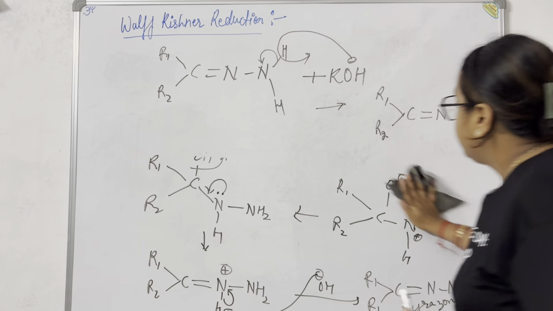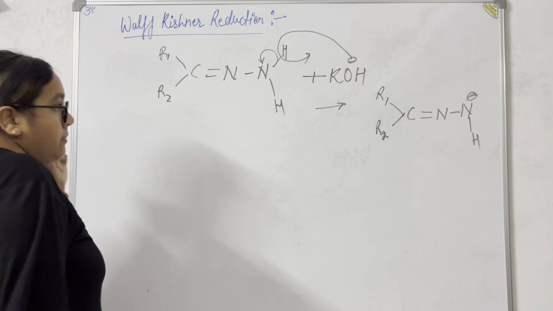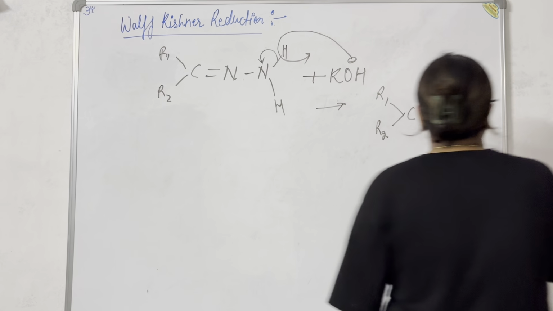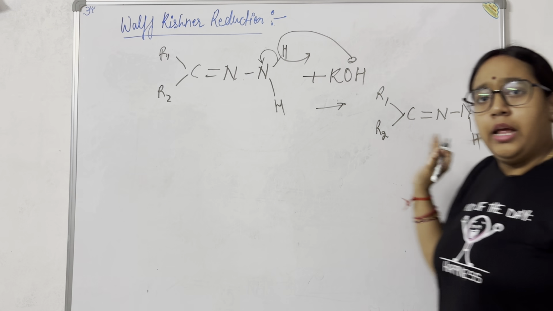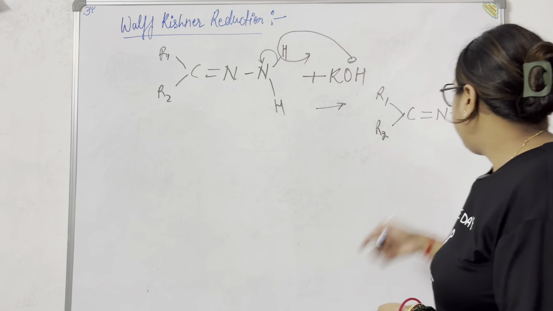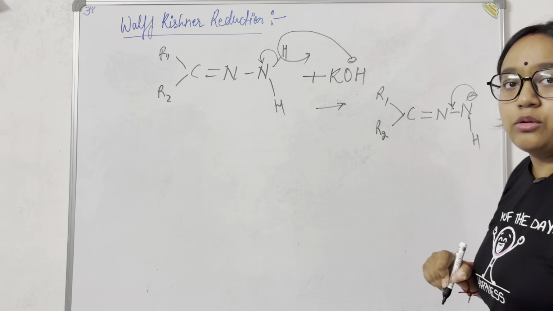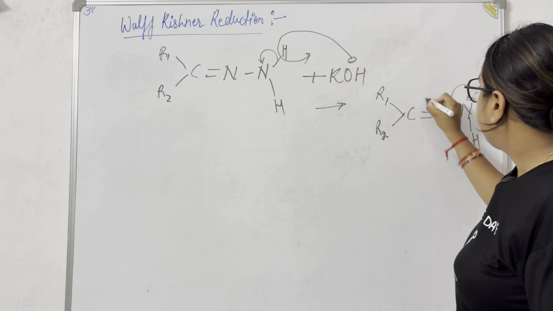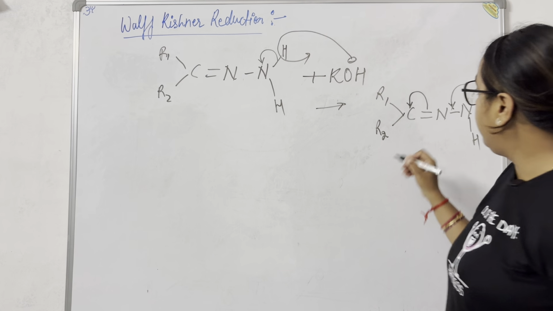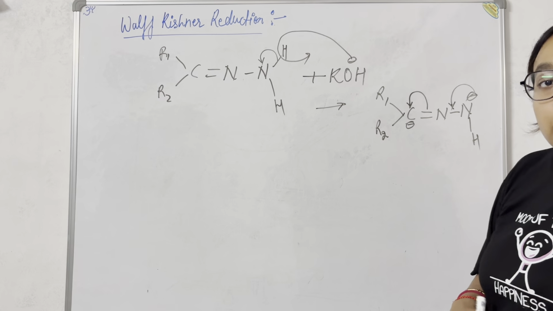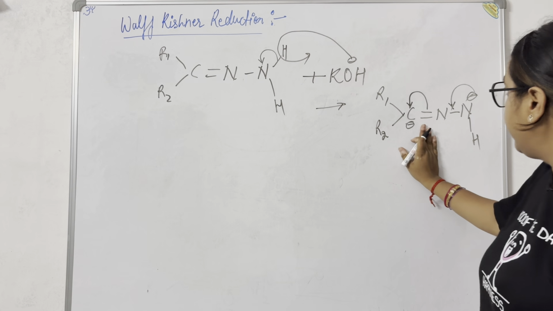Okay, now this negative nitrogen becomes part of a resonance here. This negative gives its electron to nitrogen, and this bond breaks down again. Now the carbon atom gets a negative charge, right?